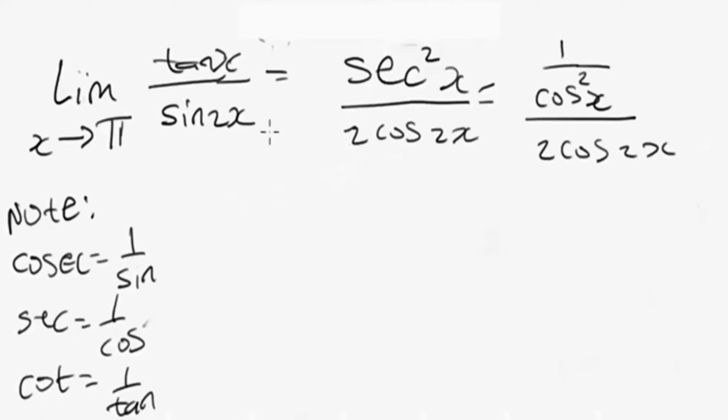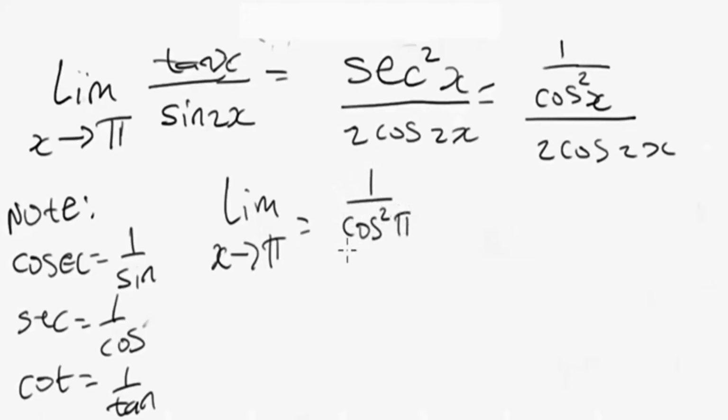So this will be equal to limit x tending to pi. Let's substitute: 1 over cos squared pi, over 2 cos 2 pi.